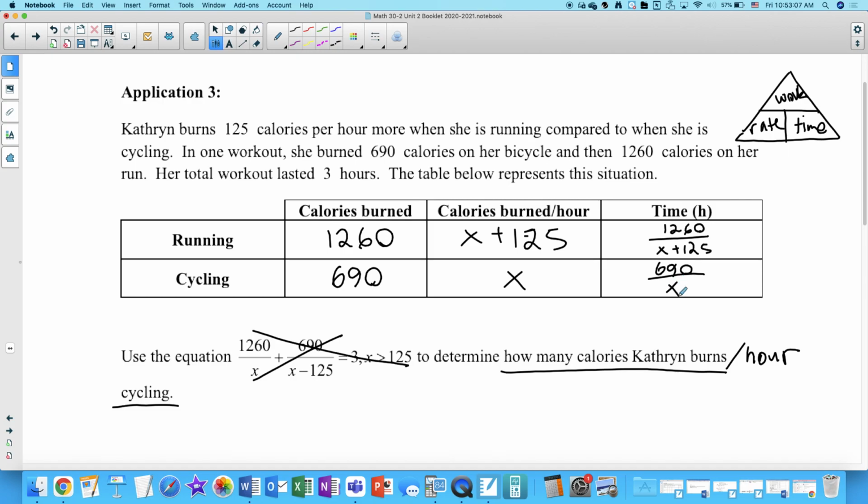Okay, now Maria mentioned we have to deal with this 3 hours thing, right? And that is actually how we're going to build our equation. When you start the equation building piece, you want to think, what is the information that I haven't accounted for yet in the chart? And in this case, it's that the total workout lasted 3 hours.